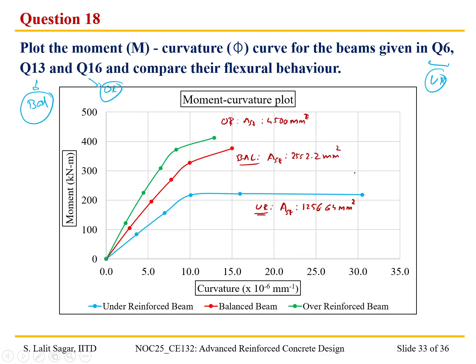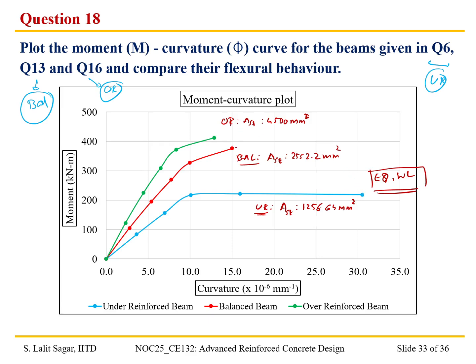So it is very important to consider a ductile behavior for the reinforced concrete structures, especially when we are designing for extreme loading conditions such as earthquake and wind. When we are considering these extreme loading conditions, we want the beam or any reinforced concrete structural component to behave in a ductile manner.